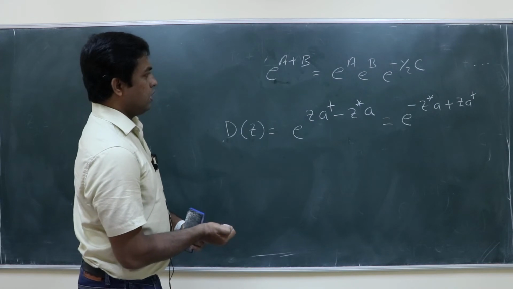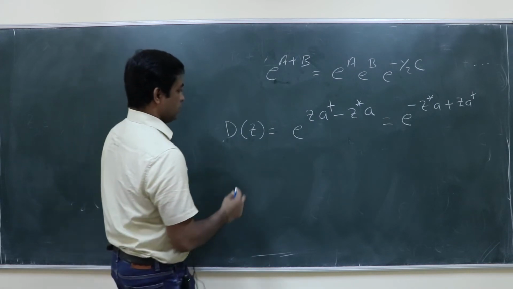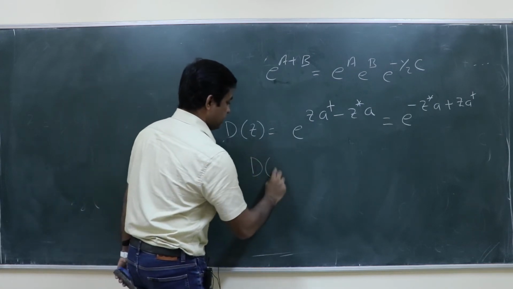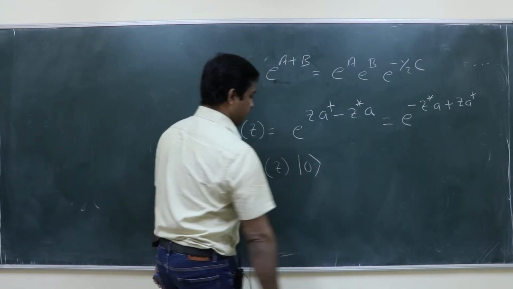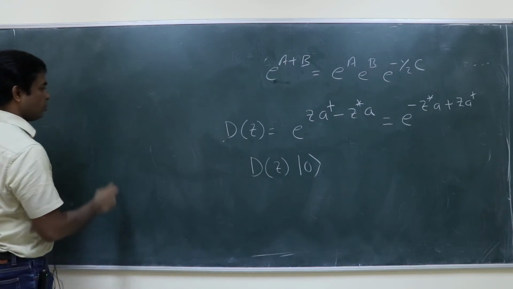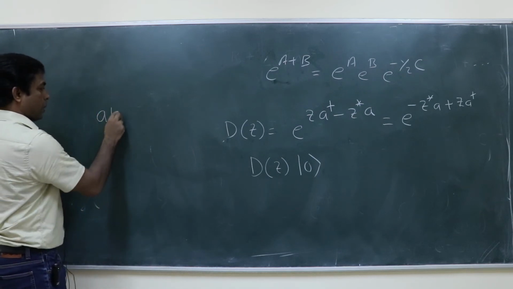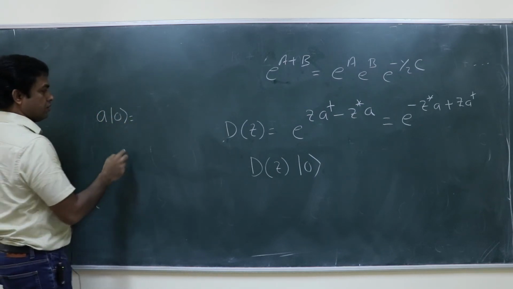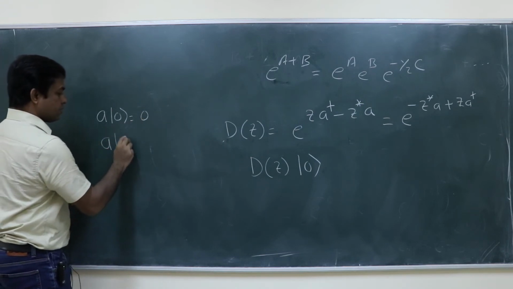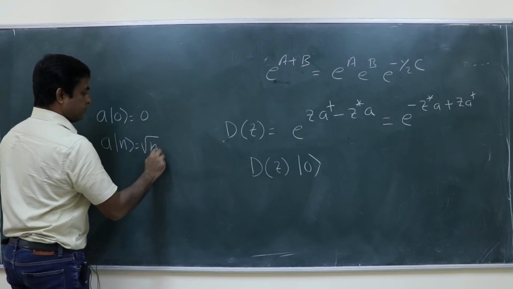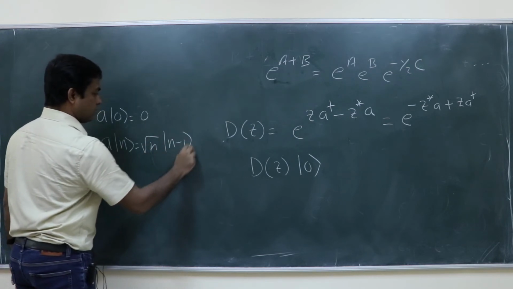Now, I just want to find out D of Z acting on ket 0. You know A acting on ket 0 is 0, and A acting on ket n is root n ket n minus 1.